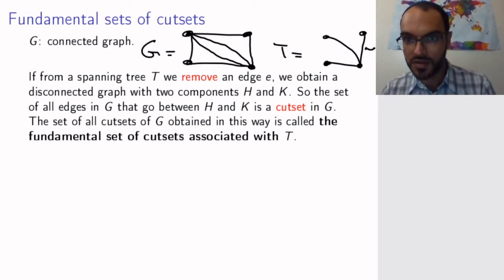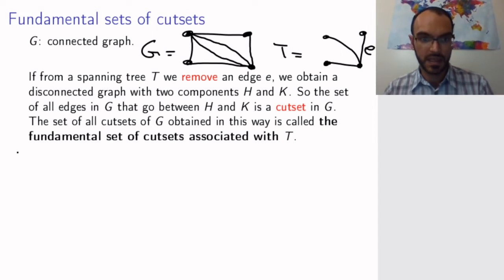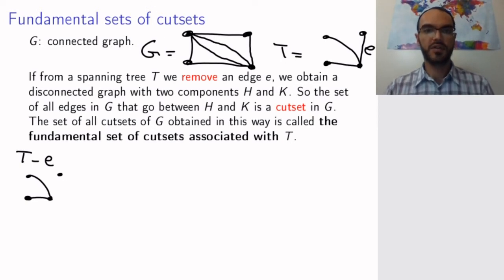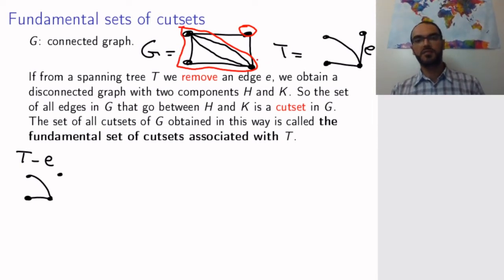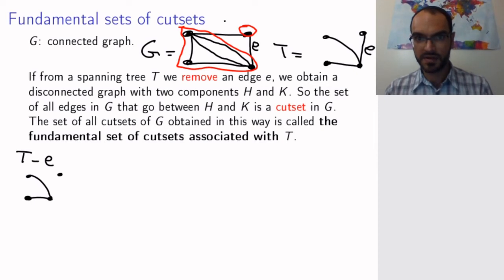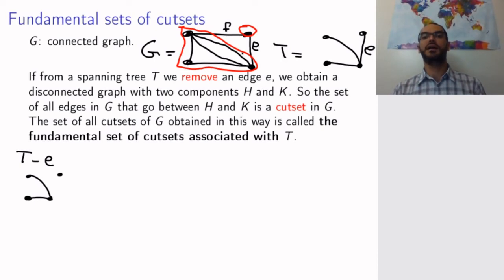So let's start with this edge. This edge is called E. If I remove E from T, I will get a graph that looks like this. So now my components consist of this vertex of G and this part of G. So now my cutset will be whichever edges in G connect these two components. One of them is the edge E, but there's this other edge, let's call it F, that I also need to remove.